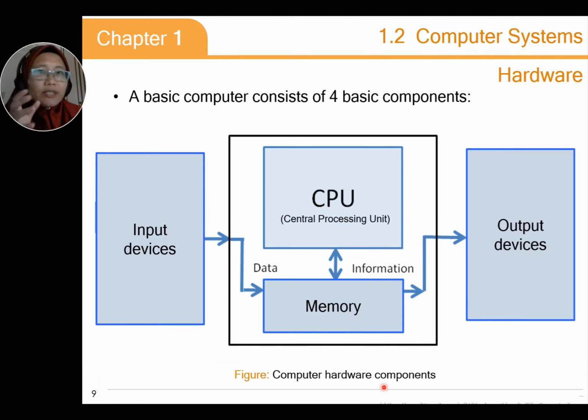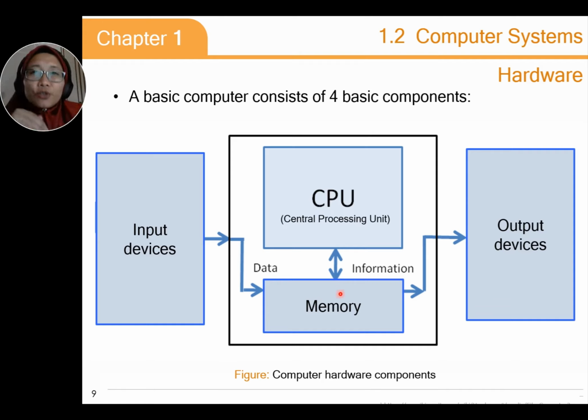So we know that computers have hardware, software, inputs and outputs. If we're looking at hardware right now, we have input devices, which then send data into a computer, into memory. So data is stored in memory, and here we have a double headed arrow, which means that the information goes both ways.